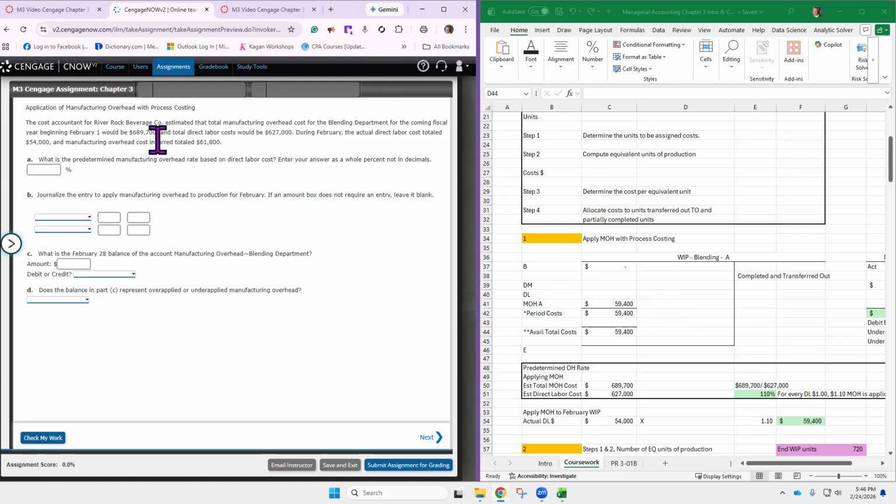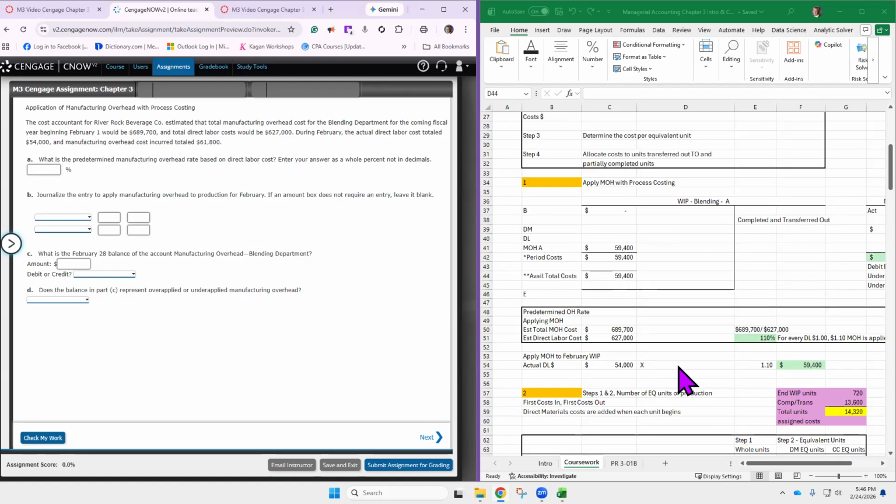says they have estimated that total manufacturing overhead cost for the blending department for the coming fiscal year beginning February 1st will be $689,700, and their estimated total direct labor costs will be $627,000.